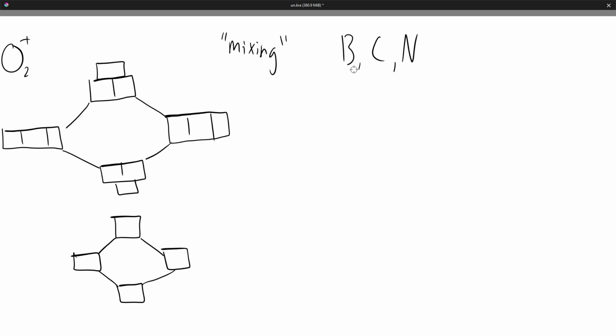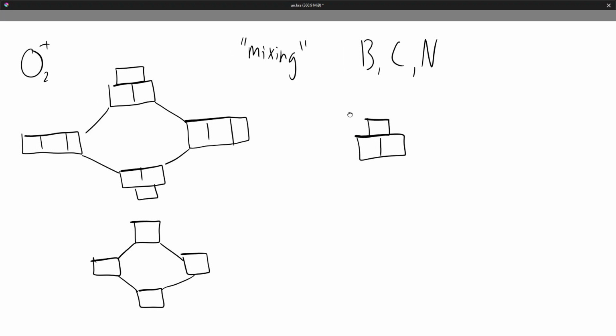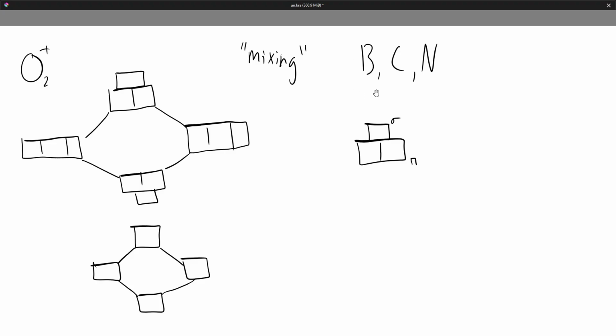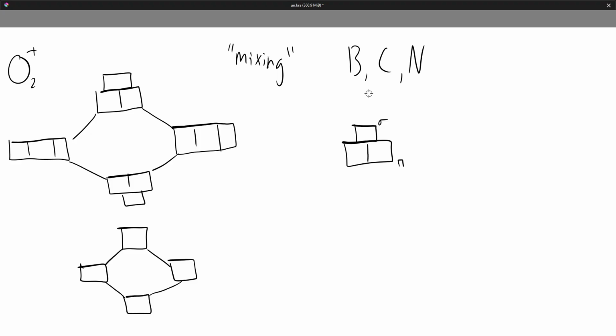If we were working with these, then this little pyramid thing would be pointing up instead, like this. But since we're not, it's pointing down. So these two boxes are called pi orbitals. Single box is sigma. What I like to say is you can't have pi without bacon. You can't have pi on the bottom, this pi orbital, without boron, carbon, or nitrogen, bacon.